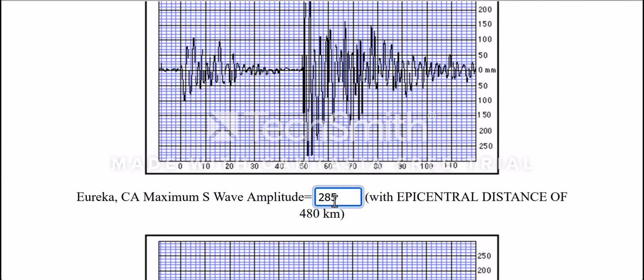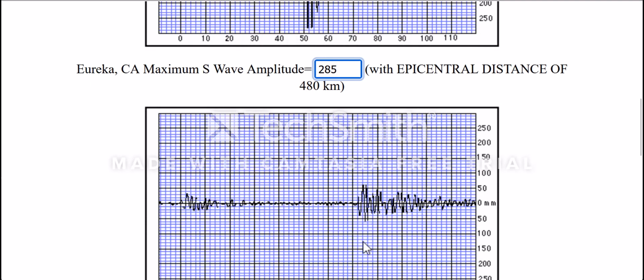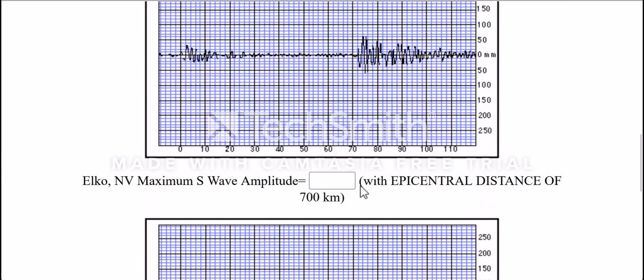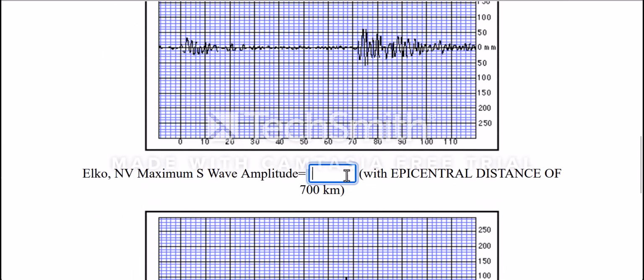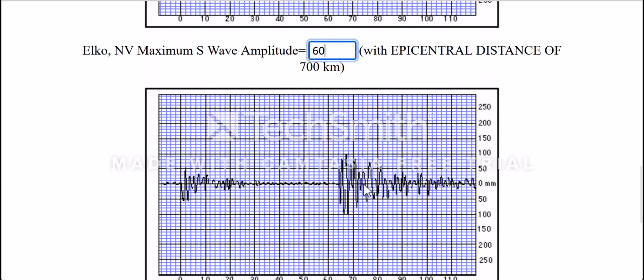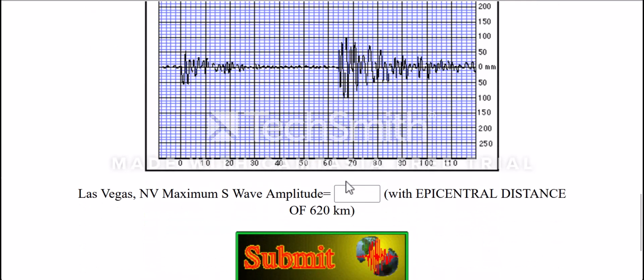Okay. This one, if we look right here, 50, and it's right there, 60. It's just one little blue line above the 50. That's 60. So let's go with 60. And then this one is easy. It's right at 100. Right on the 100 line. So 100.